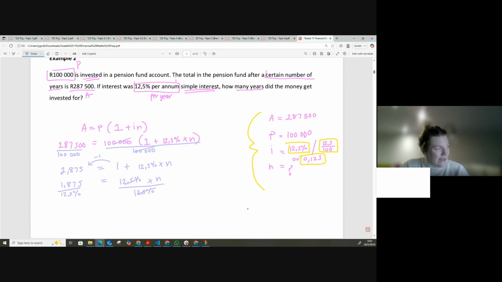And those two can cancel. And we see, therefore, n is equal to 15 years. Now, later, those questions are going to get a bit nastier. And they're going to have decimals, and we're going to have to figure out months. But for the moment, I thought let's keep it nice and simple.